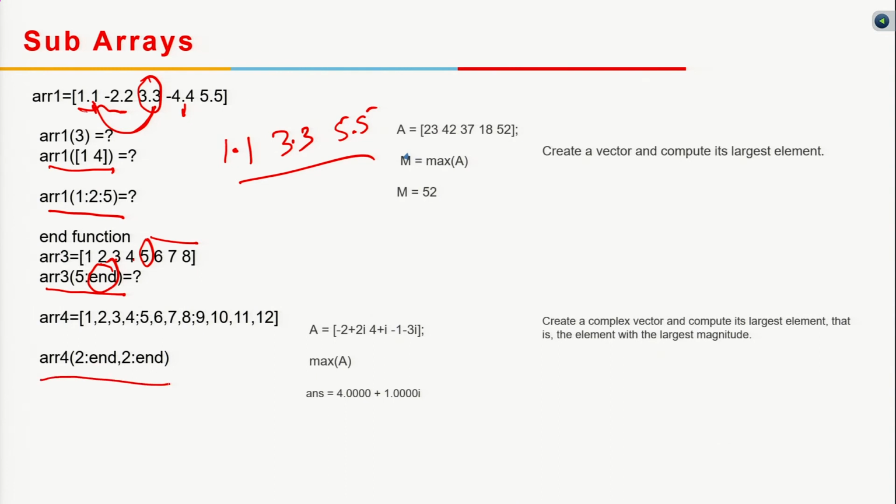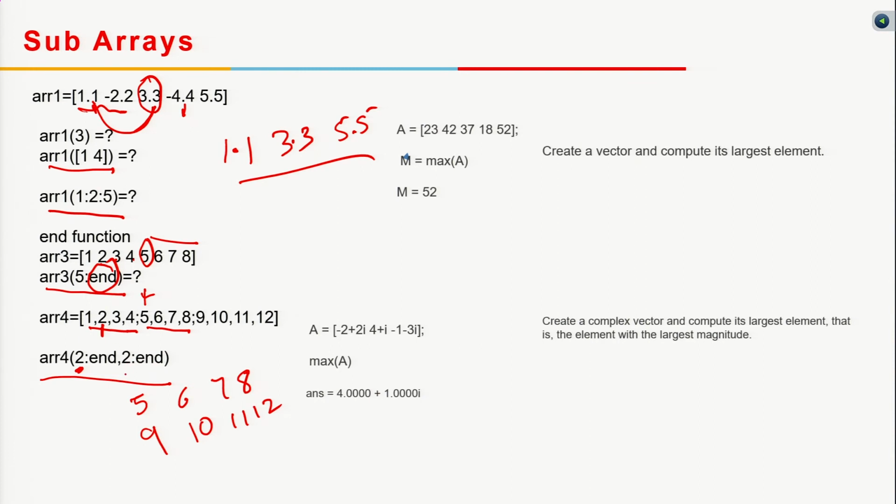Similarly, in this array 4, it will start from my second row and go to the end. This is my first row. This is my second row. So it should print 5, 6, 7, 8, then 9, 10, 11, 12.